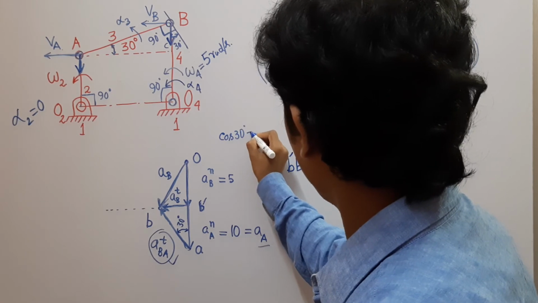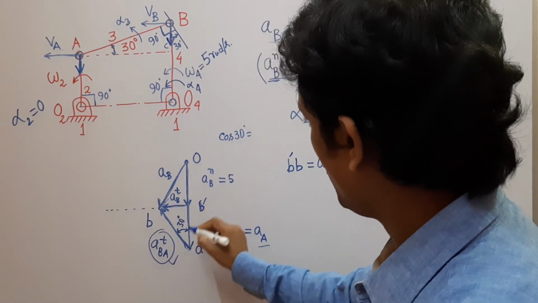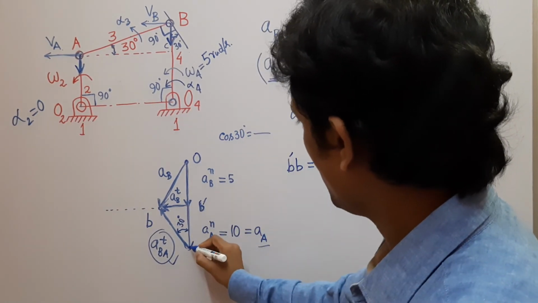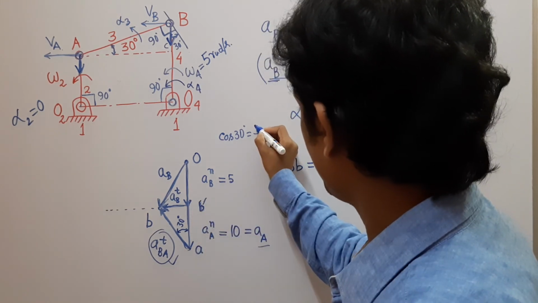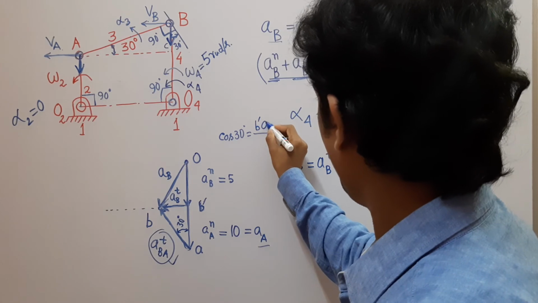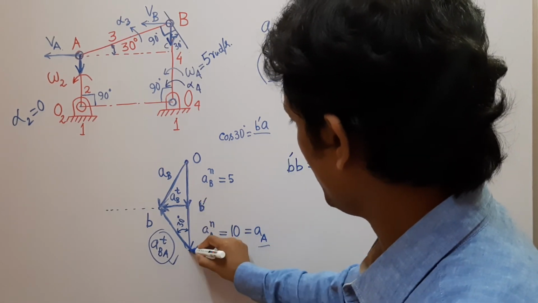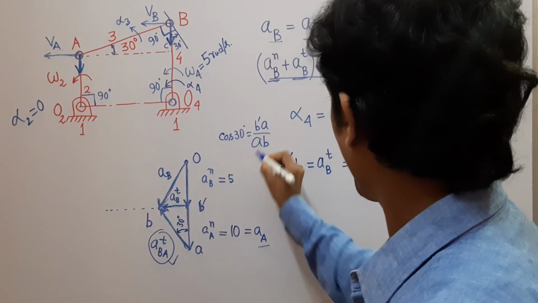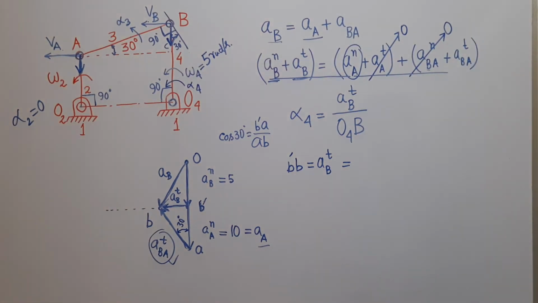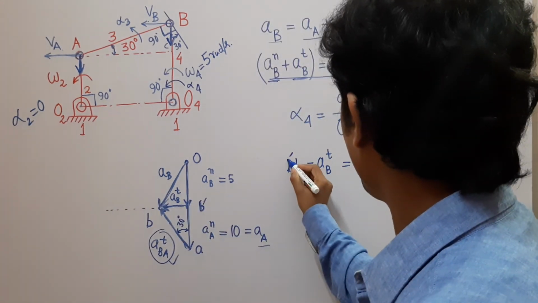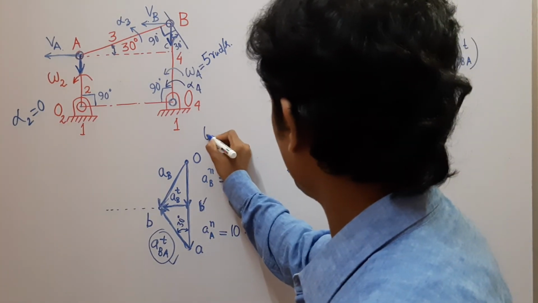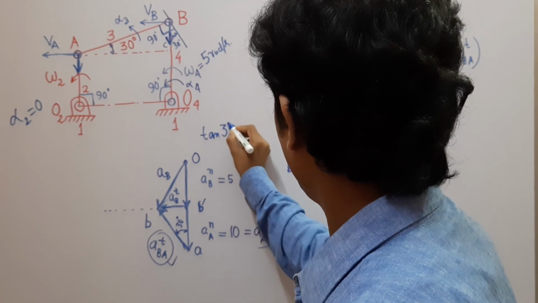Cos of 30 degree for this triangle is equal to... Oh sorry, I have to find this one, B prime B. So we have to take tan 30 degree.